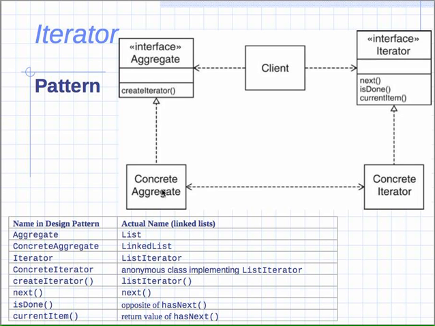You do not want to reveal how they are stored, but you want the client to be able to access individual elements using an interface with methods like next, is done, current item. Using these three methods, the client should be able to access any element in this concrete aggregate. And how does it do that? You have to eventually end up creating a concrete iterator which interacts with this to get individual elements out of this list without exposing how things are stored. Okay.